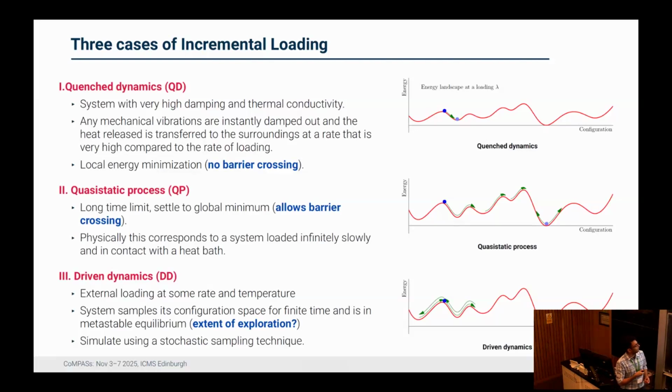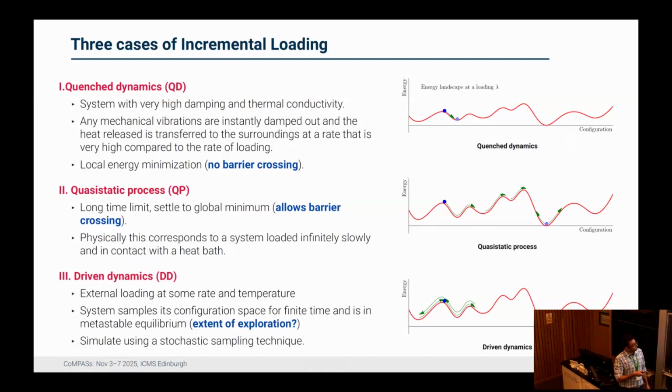And finally, the most relevant one to experiments is driven dynamics, where lambda is changing at a particular rate. Of course, that rate is not so fast that it affects the dynamics over the evolving period. So adiabaticity should still be valid. So that is driven dynamics.